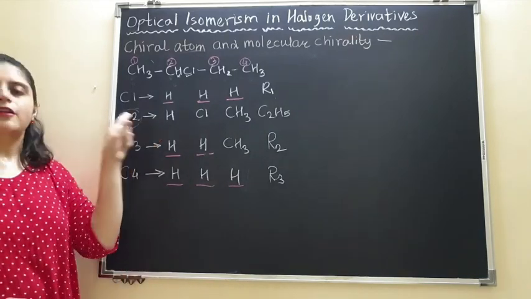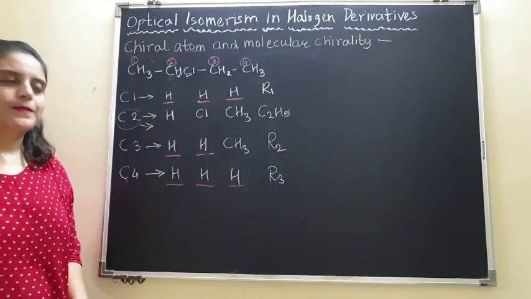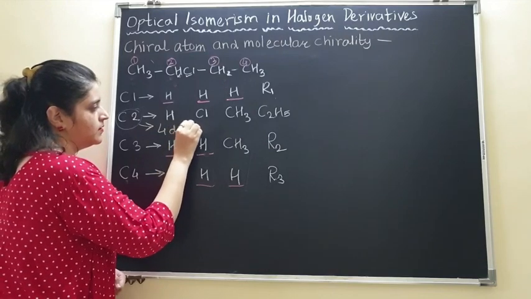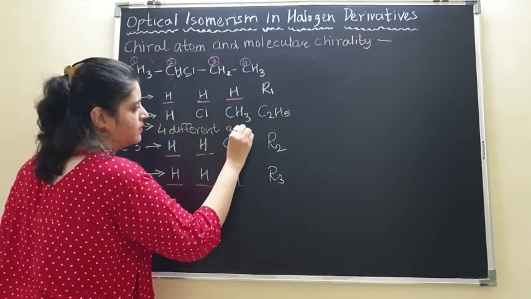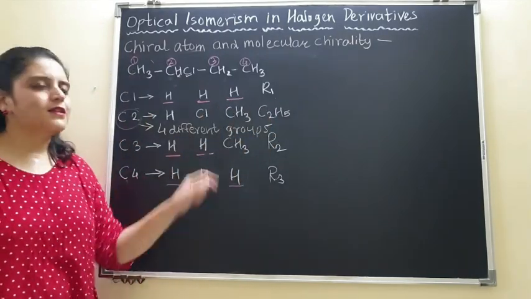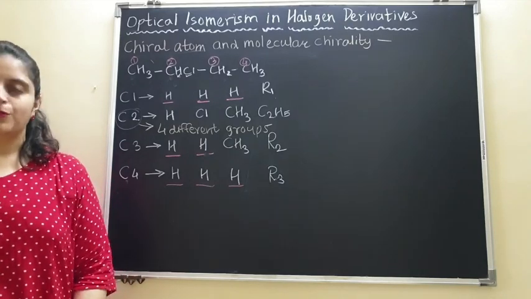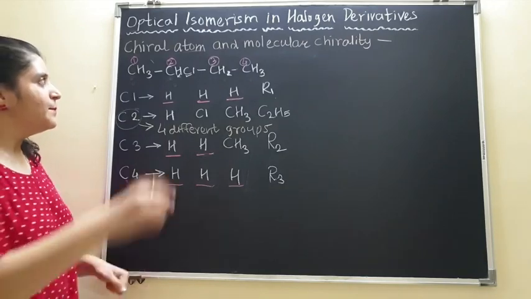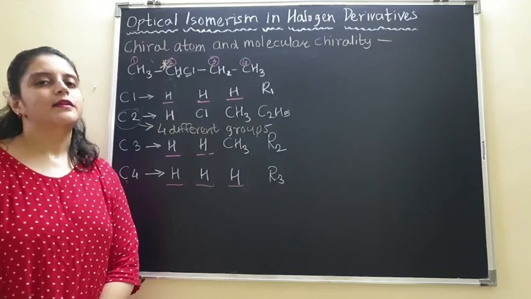We can say that on this second carbon, 4 different groups are attached. We call such carbon atoms to which all 4 different groups are attached a chiral carbon, and we represent the chiral carbon by a star.